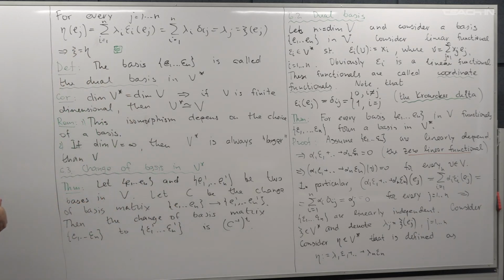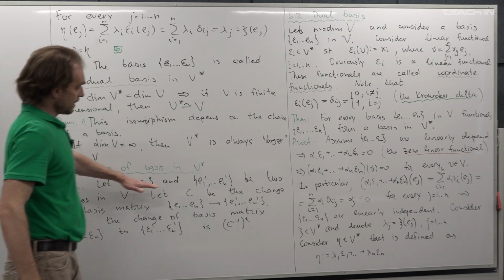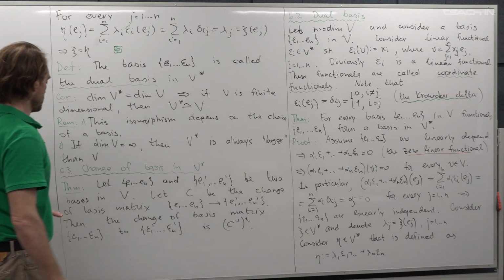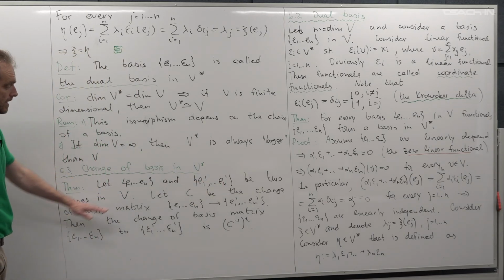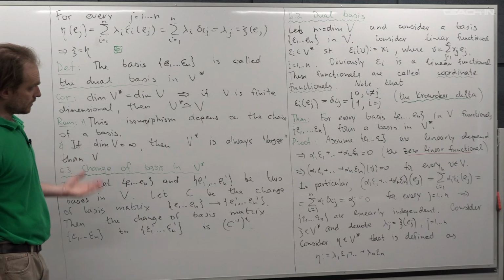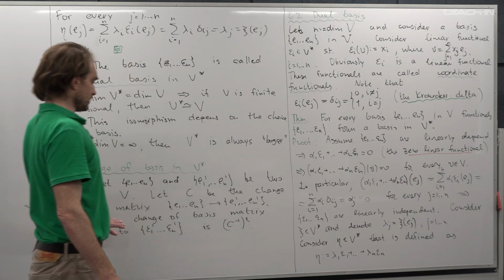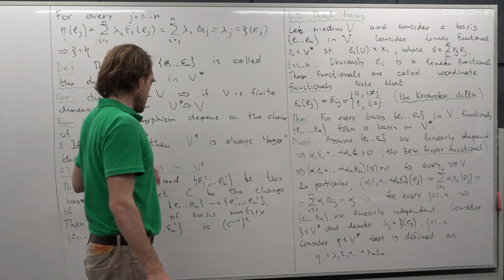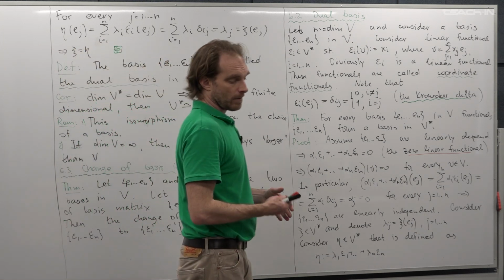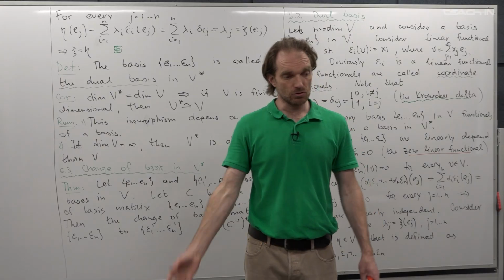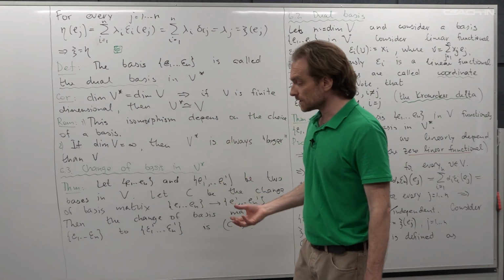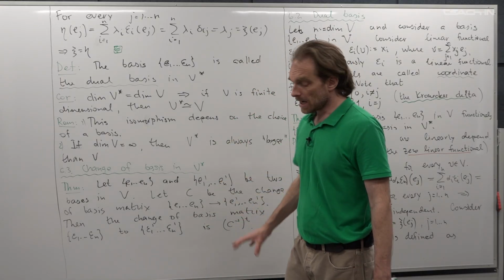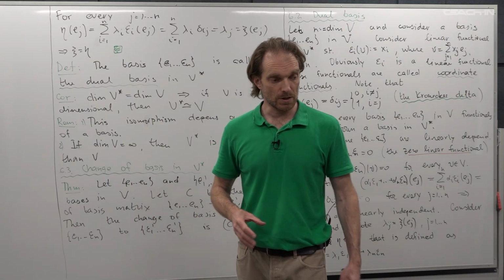So this is what we need to prove. We consider two bases in the space V, and we consider corresponding dual bases in the dual space. And we need to prove that the change of basis matrix from the first basis in the dual space to the second basis in the dual space is C to the minus 1 transpose.